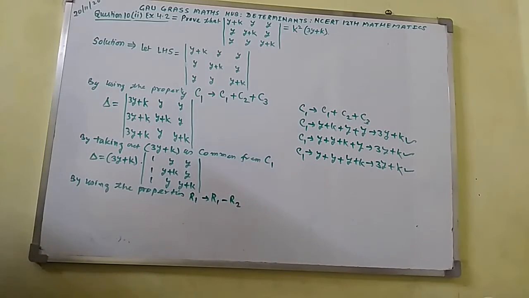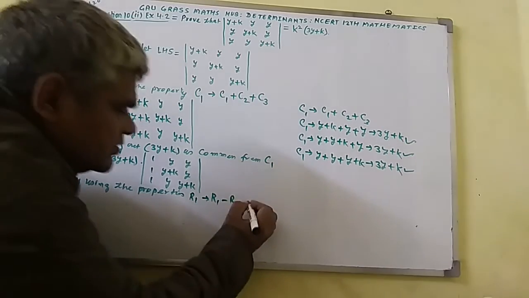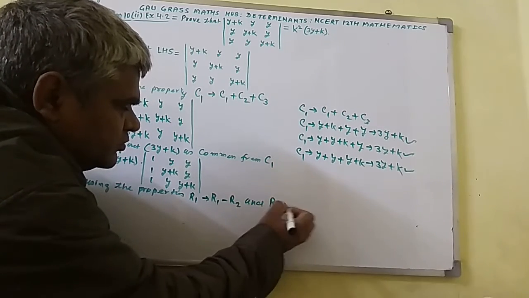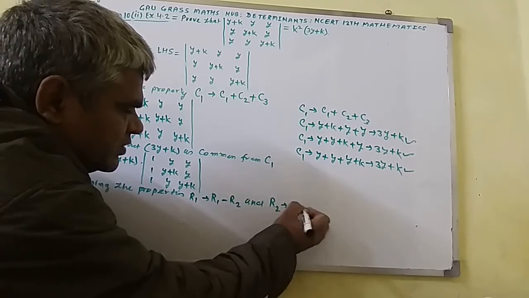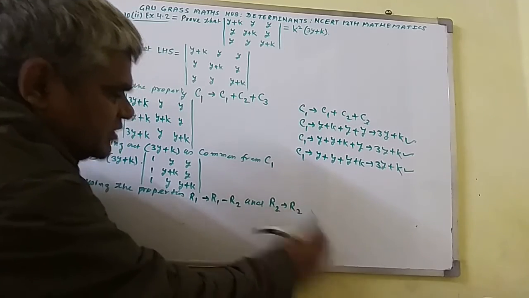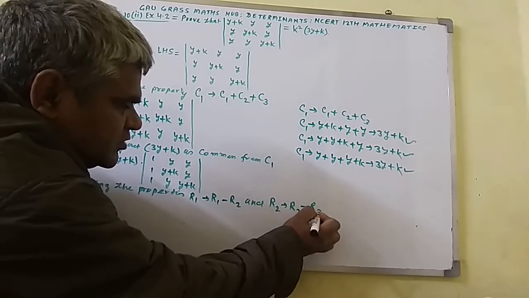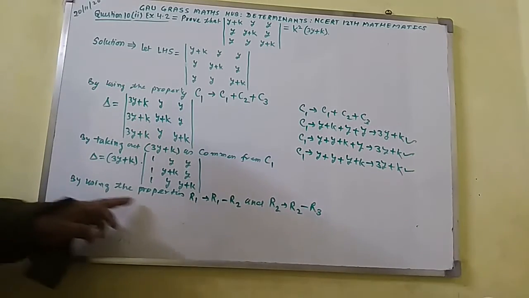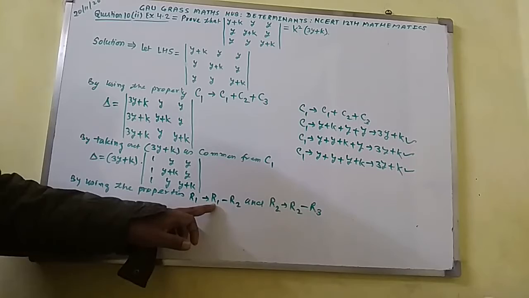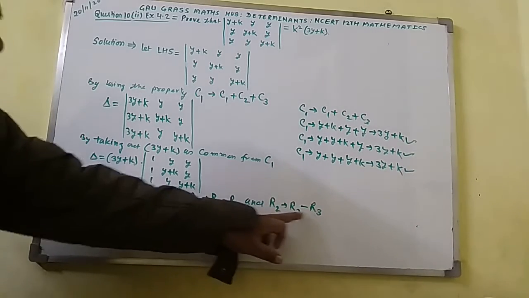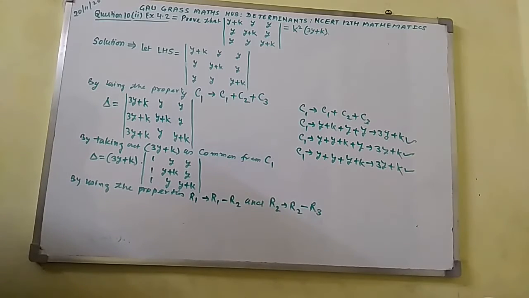This property I shall use. And R2 goes to R2 minus R3. This property I shall use simultaneously. By using the property R1 goes to R1 minus R2 and R2 goes to R2 minus R3, this property I shall use simultaneously.